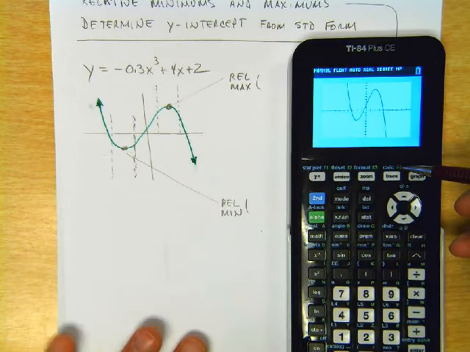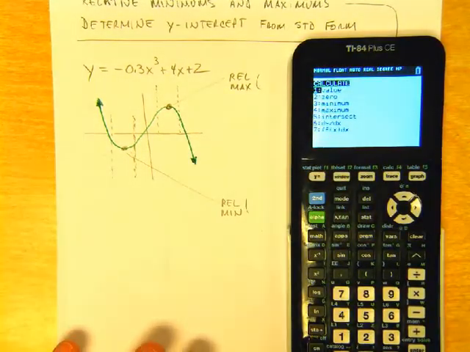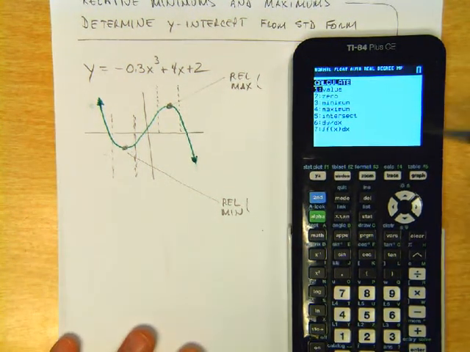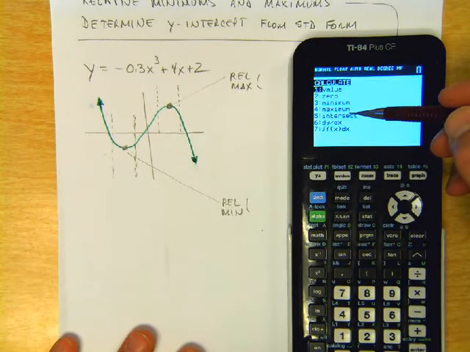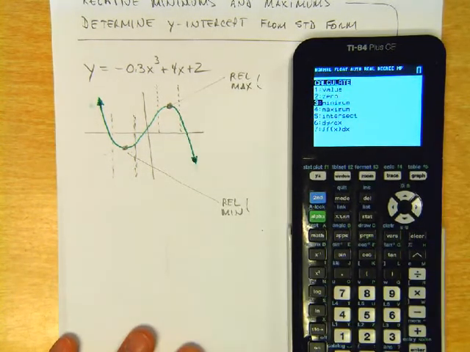So do second trace to get to the calculate menu. Do you see in here how there's a minimum and a maximum? Yeah, right. So let's find the minimum first. So go to number 3, minimum, and press enter.